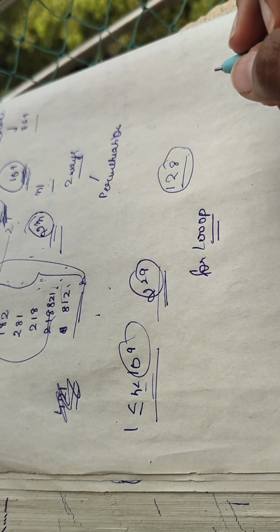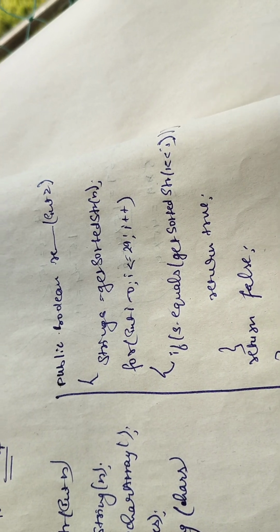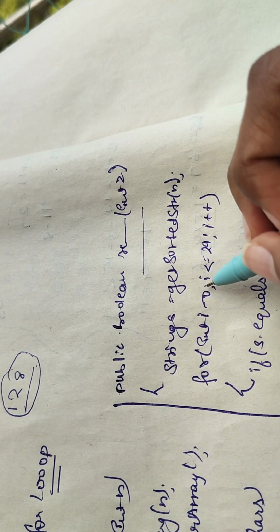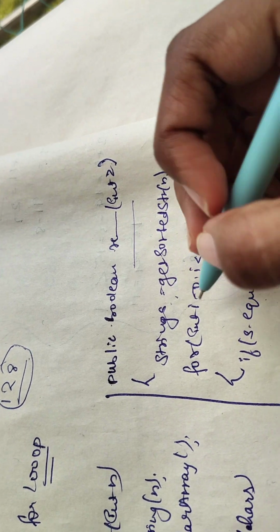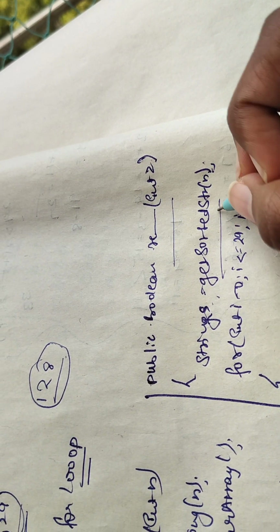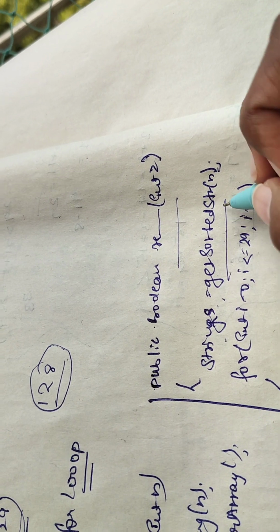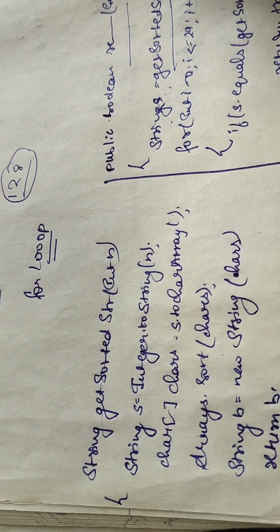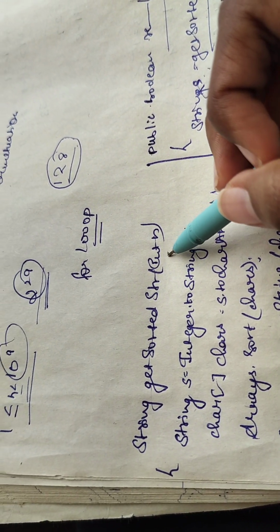Now this is the function given to us. I'm going to convert this number into a string. For this I made a helper function, because in Java we can't do that directly.